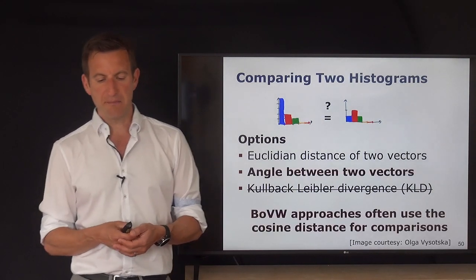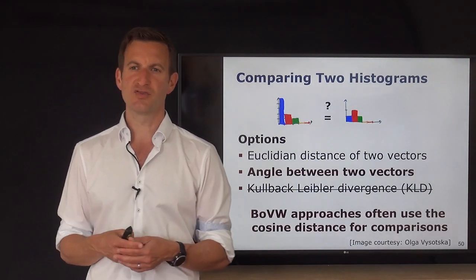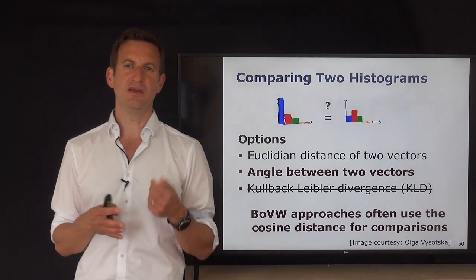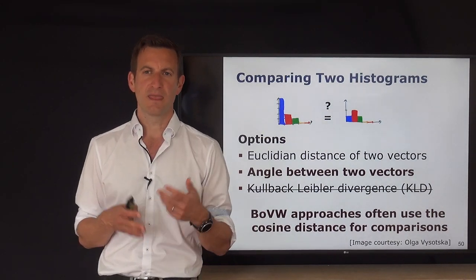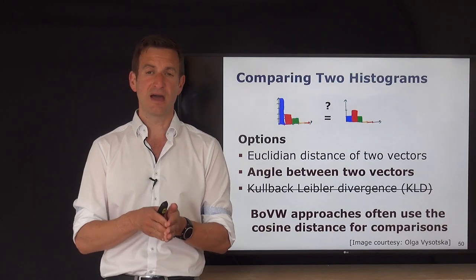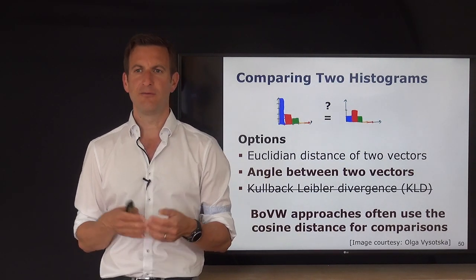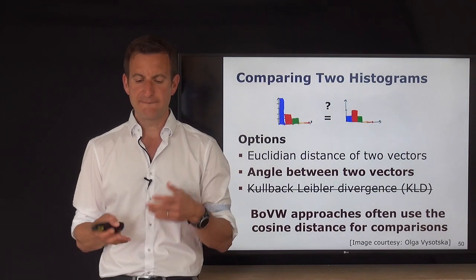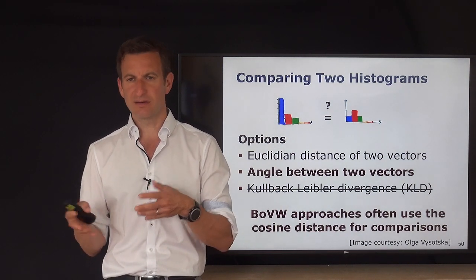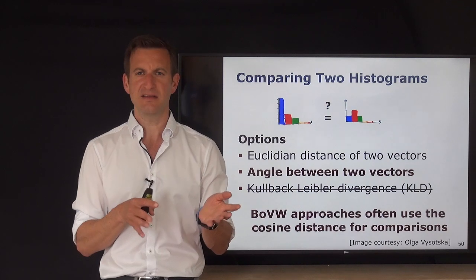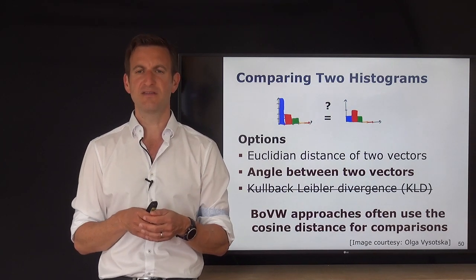It turns out in the bag of visual words approach, or bag of words in general, people tend to use the cosine distance. That basically takes into account the angle between the vectors, or the cosine of it, for making the comparisons. We can see that if we normalize our final histograms again, then we can also use the Euclidean distance and it will give very similar results.